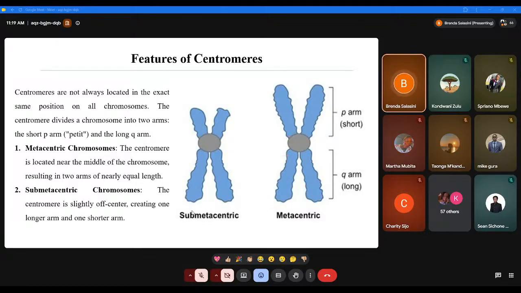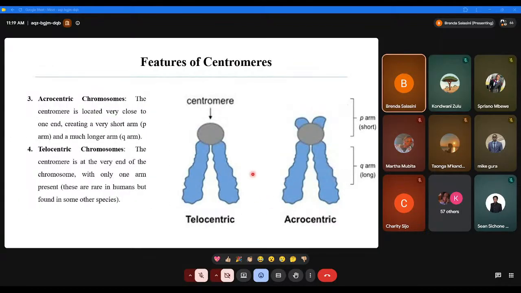We also have telocentric. In telocentric, this is where the centromere is at the very end of the chromosome, where you almost have no P arm. This is telocentric. It can also be referred to as acrocentric, where you just have a very short P arm. Not really at the end compared to telocentric, but it leaves a very short end of the P arm.